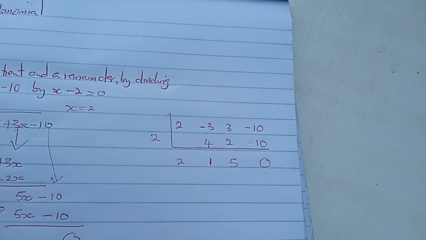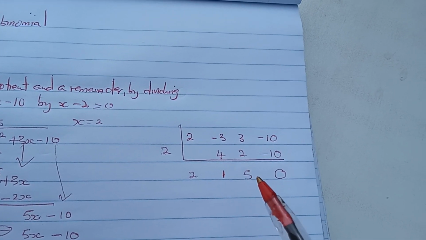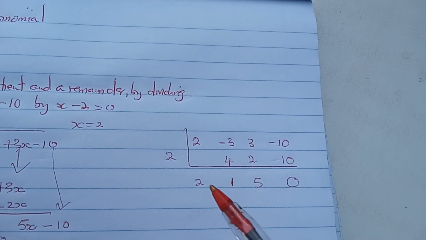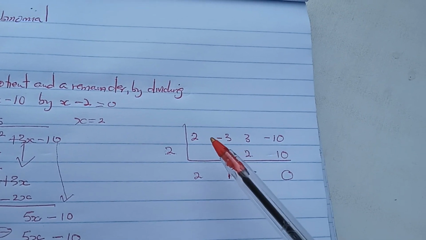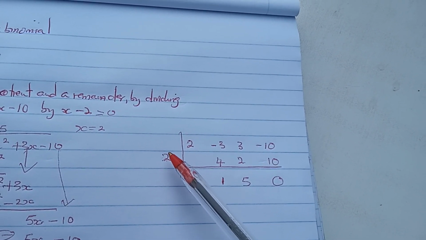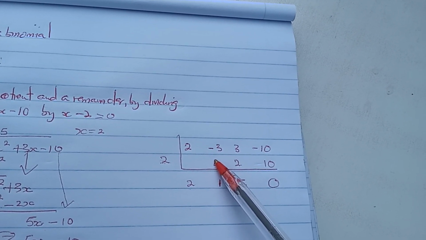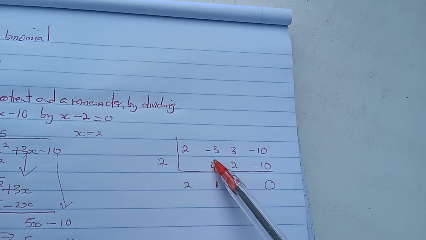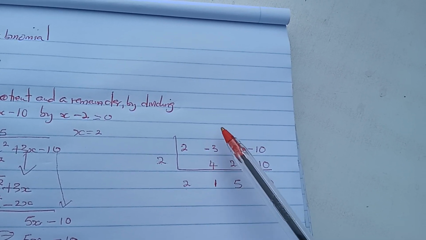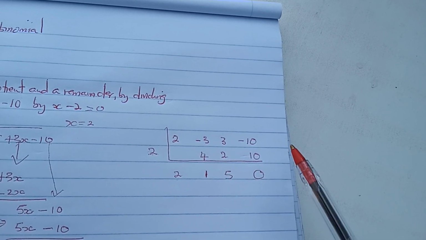So you just repeat the process as we have done. You bring the first term down, multiply it by that 2, write the answer under the next coefficient, and then add the column. Just repeat the same process.